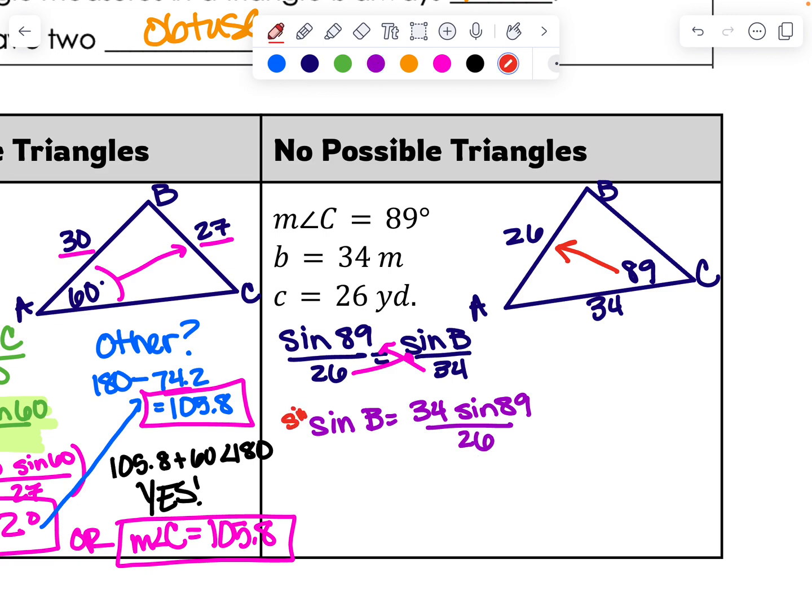Now we're going to inverse sine both sides. And when I inverse sine both sides, I get the measure of angle B is an error. So it gives me an error in my calculator. That tells me that there's no possible solution.